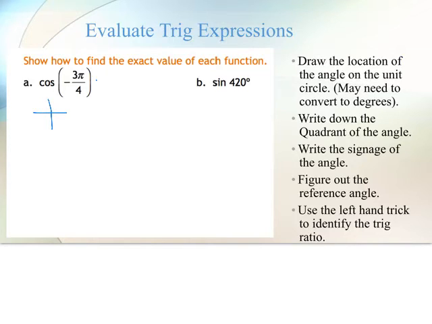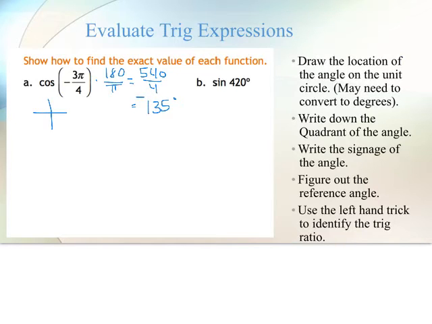So I convert this into degrees by multiplying it by 180 over pi. When we do the math, we end up with 540 divided by 4, which gives us an angle of 135 degrees. But we're going to go clockwise since it's negative.